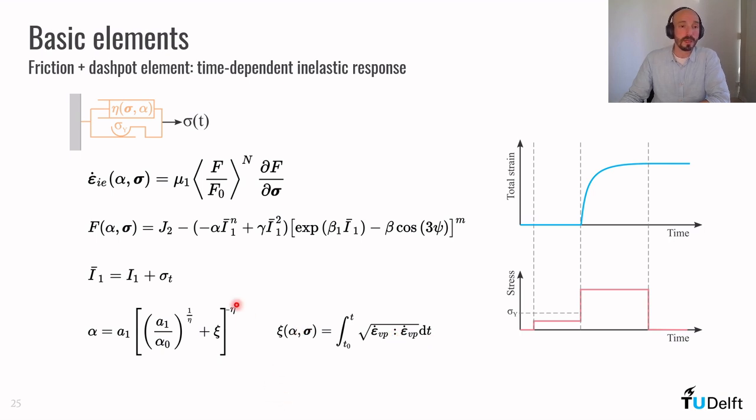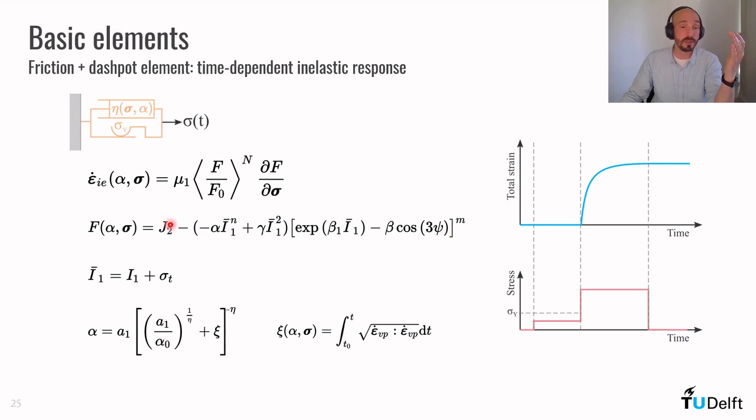Okay, this function here measures the distance between the stress and the threshold. So if this function is negative, it means that the stress is below the threshold, so there's no deformation. For a certain value of hardening parameter, if I consider a certain stress, this function will give a certain value, positive or negative.